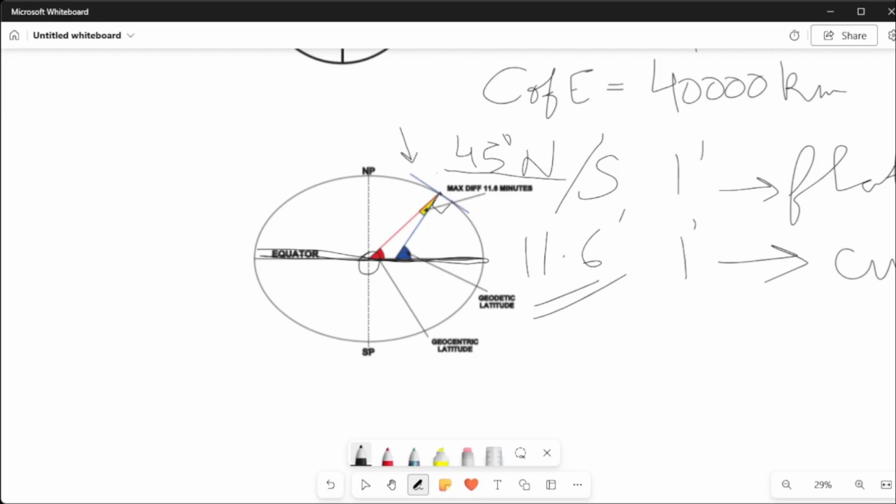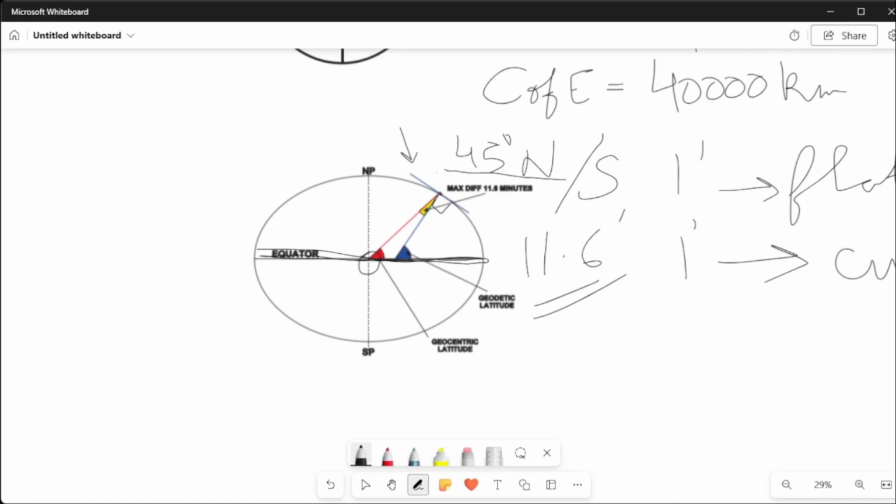Now we arrive at certain examples given in the book. I'll just quickly summarize what to do in the particular cases. As in question number 1, it is given the shortest great circle distance between London and Accra, both lie in the same hemisphere and on the same meridian.